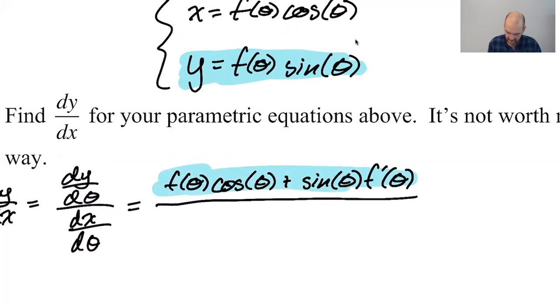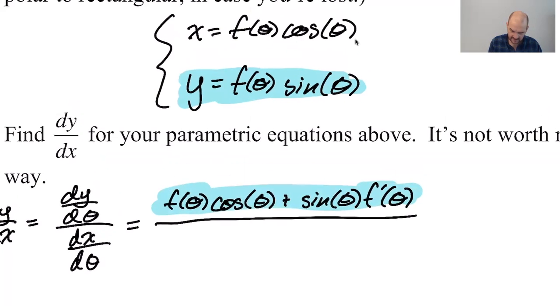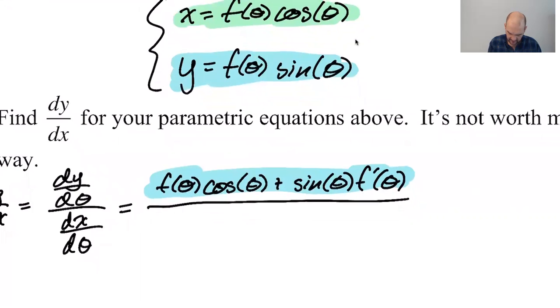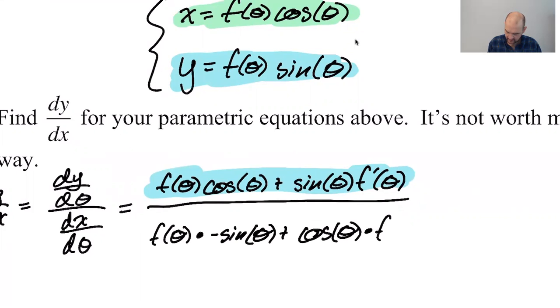And then dx d theta. So x is here, and we're just going to use the product rule again: first times the derivative of the second, plus second times the derivative of the first. Fun little fact, I don't have this memorized.